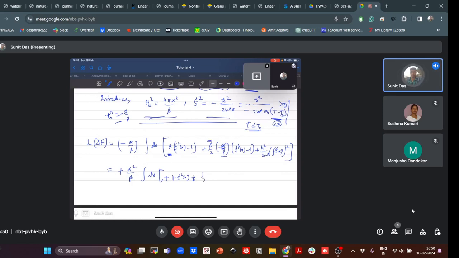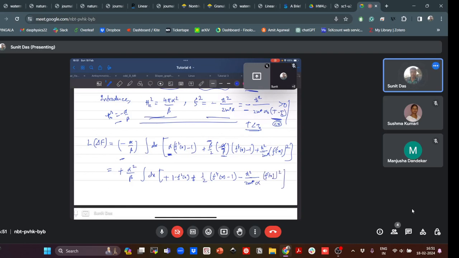Then we have only half f to the power 4x minus 1, and then there was an extra minus here, so minus h bar square by 2m star, then alpha we took common, so alpha will be there, f prime x square.